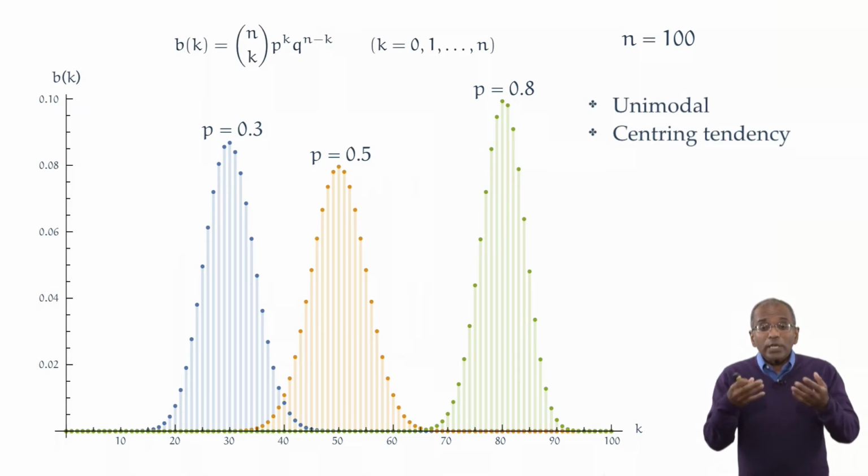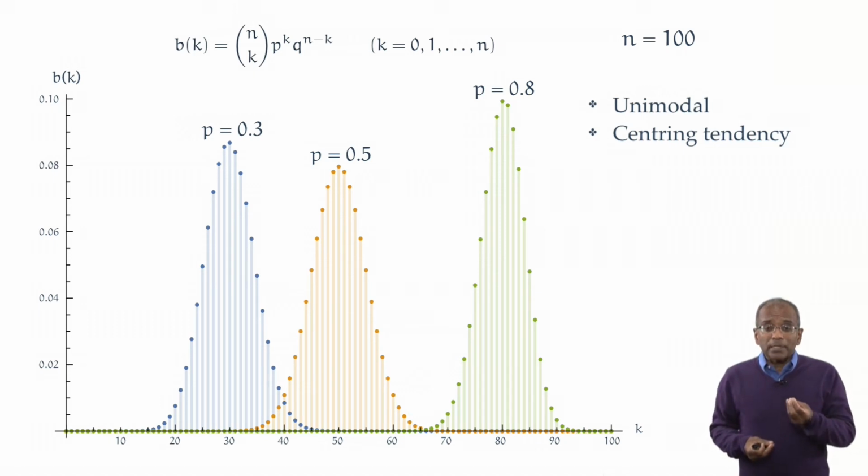Now, when the coin is fair, when p is 0.5, this tendency is very clear. In fact, there's complete symmetry on both sides of the center. But this kind of overall general symmetry seems to be also persistent when p is 0.3 and p is 0.8. In other words, the masses are spread reasonably evenly around a central point. There is a centering tendency.